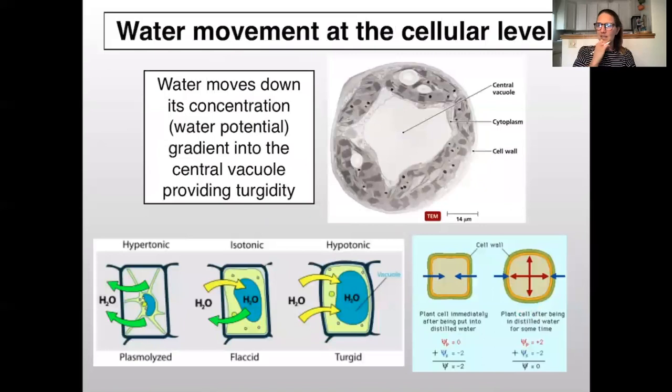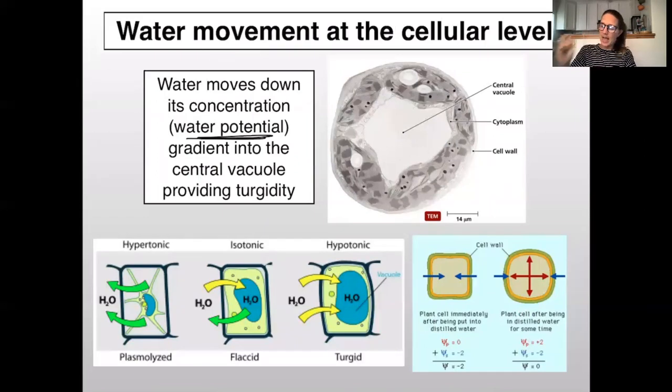So again, this is a little bit of review. When we look at water movement at the cellular level, water is always moving down its water potential gradient towards more and more negative numbers. All right.